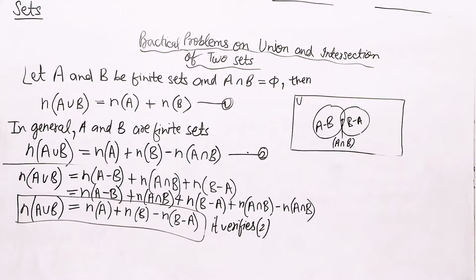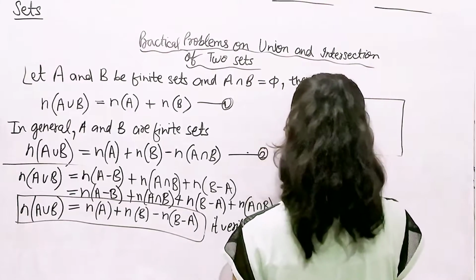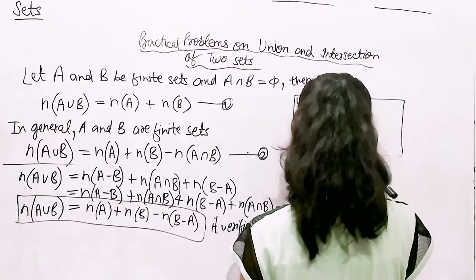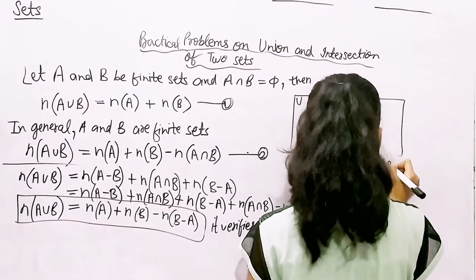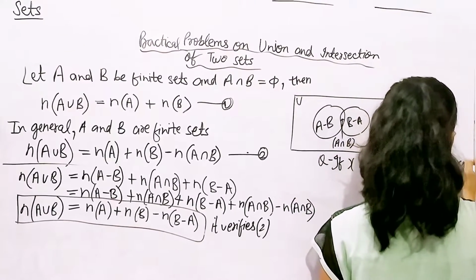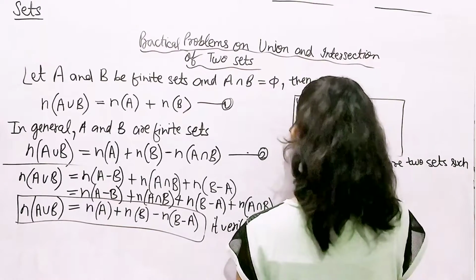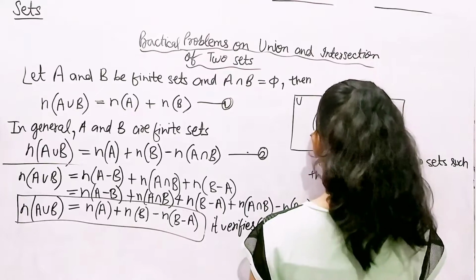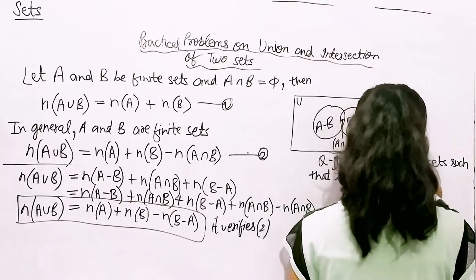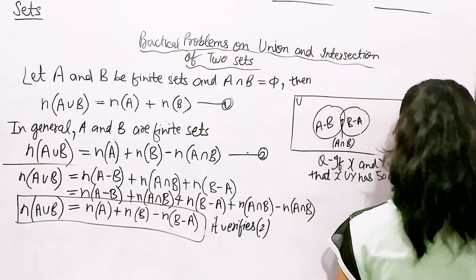So the question is: if X and Y are two sets such that X union Y has 50 elements, and X has 28 elements and Y has 32 elements, isn't it?